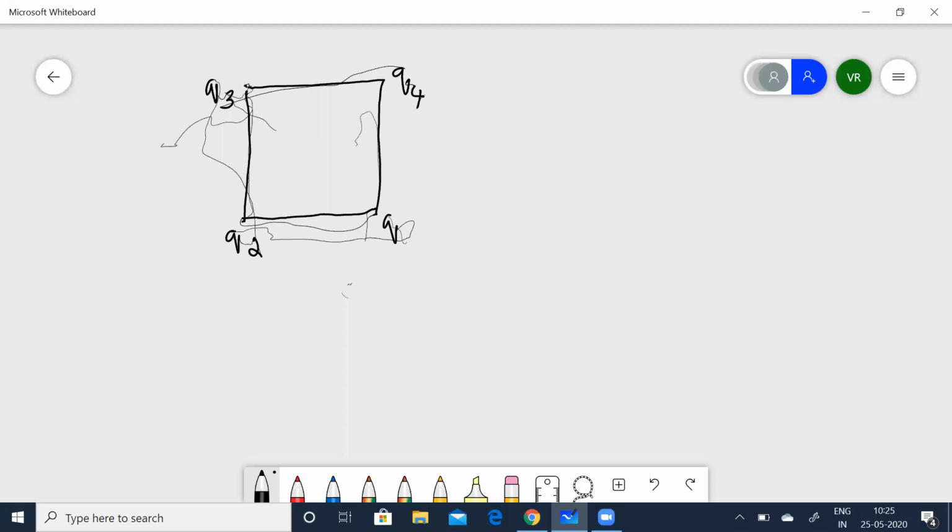So the charges are placed along the diagonal, Q1, Q3. Now let the side of the square be a. It is given that Q1 is equal to Q2 is equal to Q3.